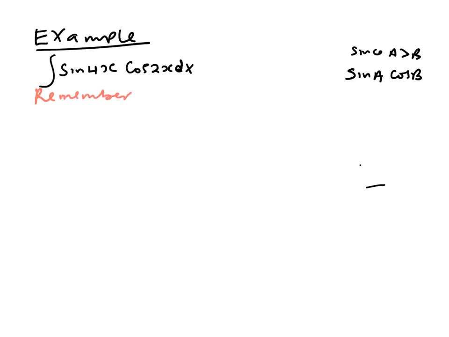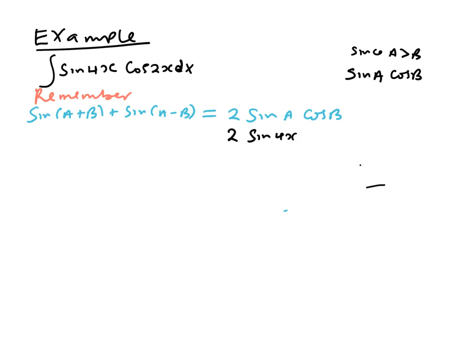We have sine of A plus B plus the sine of A minus B will give us 2 sine A cos B. So I'm going to put here 2, then I write sine 4x cosine of 2x, and we see what this product gives us.